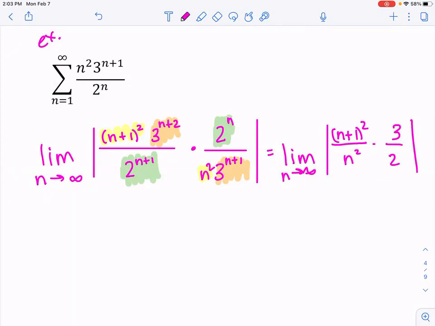So basically I'm grouping like things together. This n plus 1 squared over n squared, we can't reduce it, but I know that's going to help me with my limit. The 3 to the n plus 2 over 3 to the n plus 1, if I actually perform that division, we can subtract the exponents because we're dividing. And so when we do that, our exponent is 1. Same thing with 2 to the n over 2 to the n plus 1. When we subtract the exponents, we get 2 to the first for the denominator.